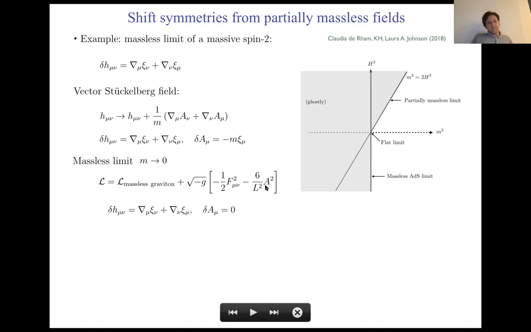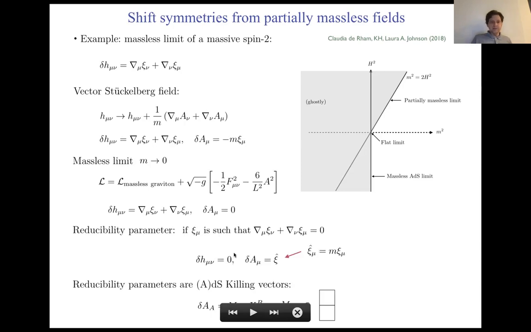So the decoupling limit theory here is a massive vector with a particular value of the mass. Again, the gauge transformation seems to go away, but we should look for a reducibility parameter to see if there's a hidden shift symmetry of this Lagrangian.